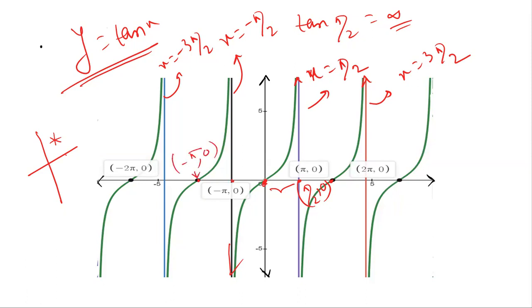Between minus pi by 2 and minus pi it will become positive, and beyond that it will become negative, because of the quadrant rule of sine. So in the third quadrant, this is the way you should remember for tan x.